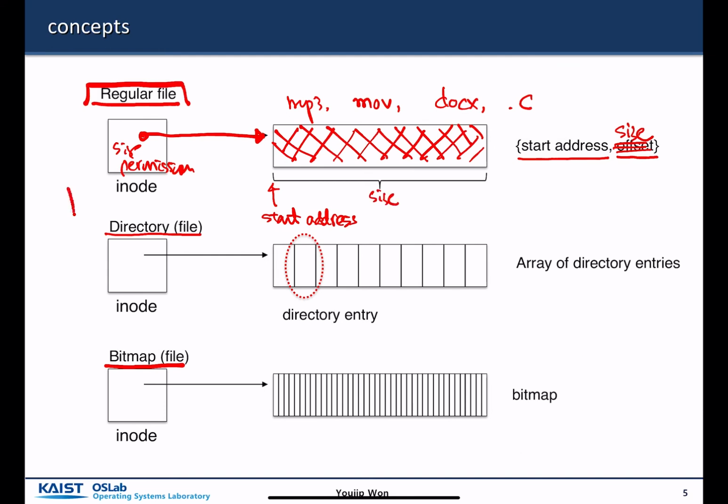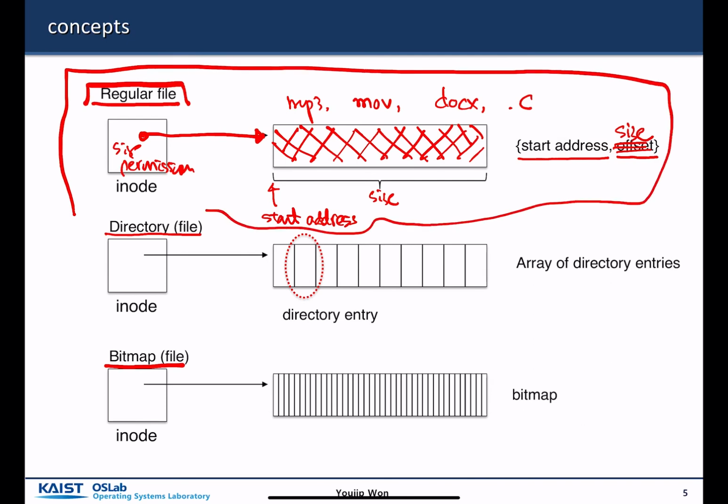So in this type of representation, the data that belongs to a file is represented by the start address on the disk and the size of the data that it occupies on the disk. If it occupies 3 megabytes, then the file size is going to be 3 megabytes.